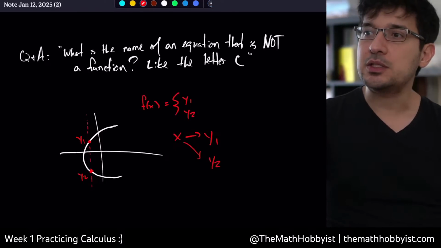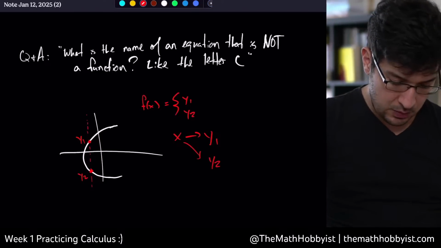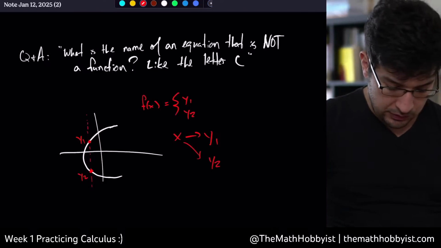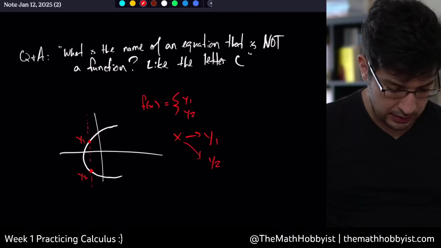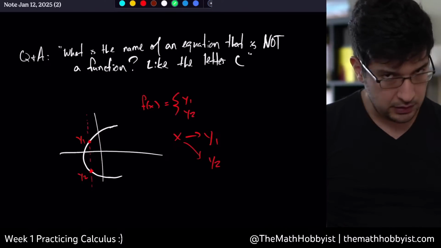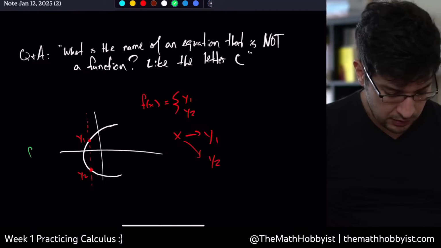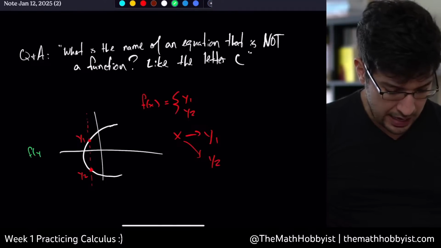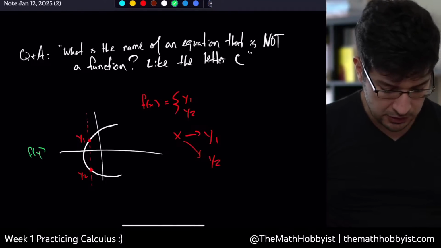So that's a great question. What is the name of something like this? Well, there's a couple of ways to answer that. One is we can treat the example that you gave as a function of y instead of a function of x.